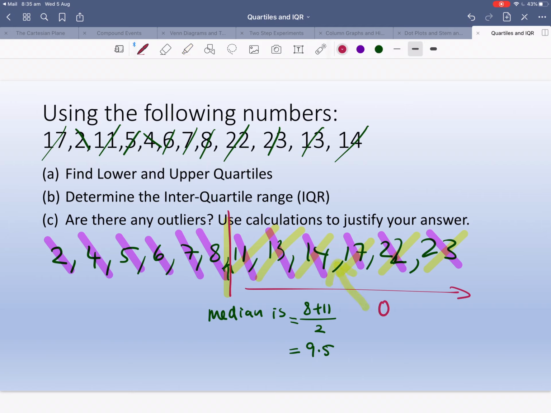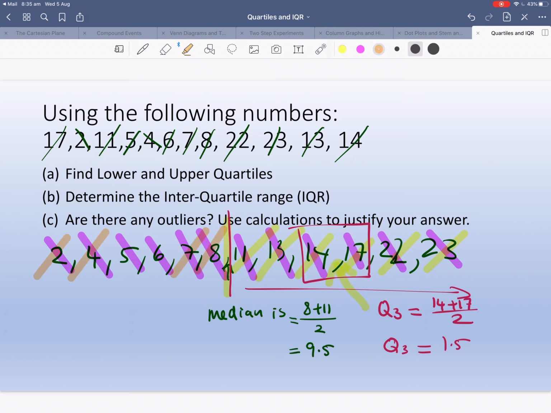So Q3 is equal to 14 plus 17 divided by 2 because we've got two middle numbers. So 14 plus 17 is going to be 31, if I'm not mistaken. Yep, divided by 2. So 30 divided by 2 is 15, so it'd be 15.5. So Q3 equals 15.5.